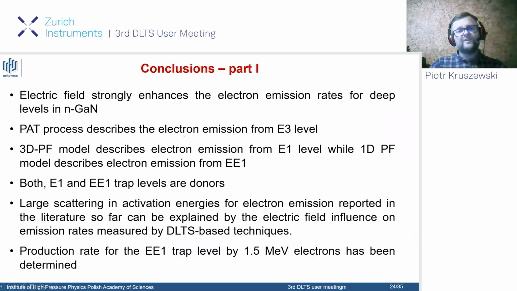Okay, so concluding this part about gallium nitride, I just showed that the electric field strongly enhances the electron emission rates for deep levels in GaN, that the phonon-assisted tunneling process describes the electron emission from the E3 level, that the 3-dimensional Poole-Frenkel effect describes electron emission from E1, and the 1-dimensional Poole-Frenkel describes the emission from EE1, this irradiated trap level.